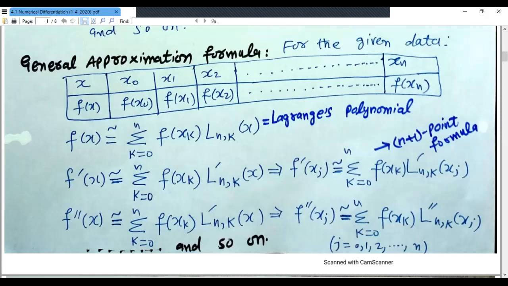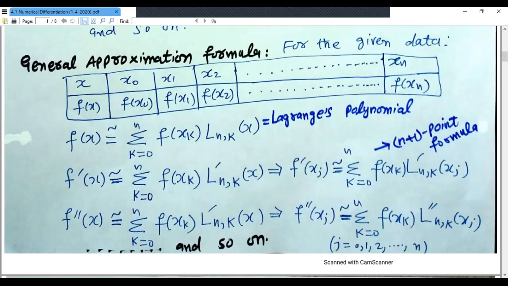We will have only the derivative of Lagrange coefficients because f of x k are constants. If we put x equal to x0 or x1 or x2 up to xn, we can find the numerical derivative at a particular xj, where j varies from 0 to n. Similarly, we can find the second derivative in the same manner.